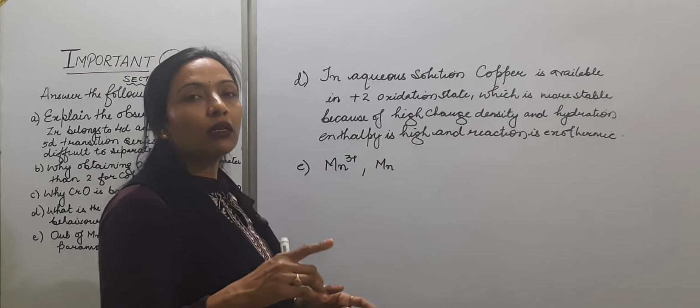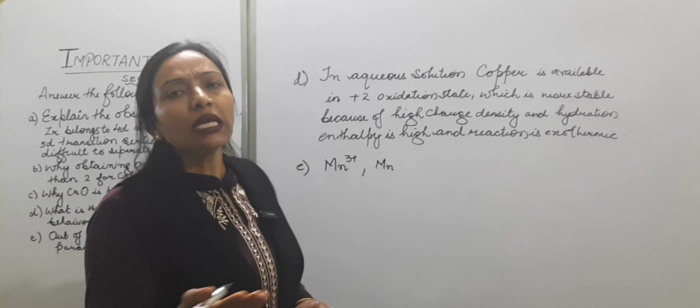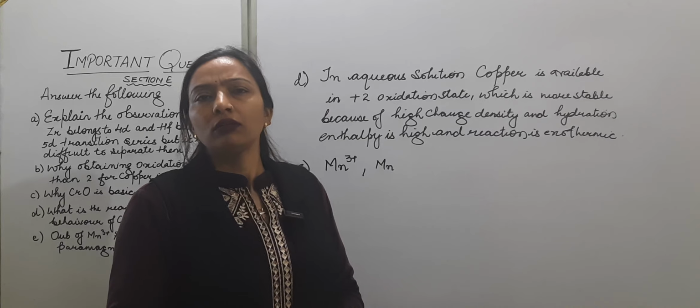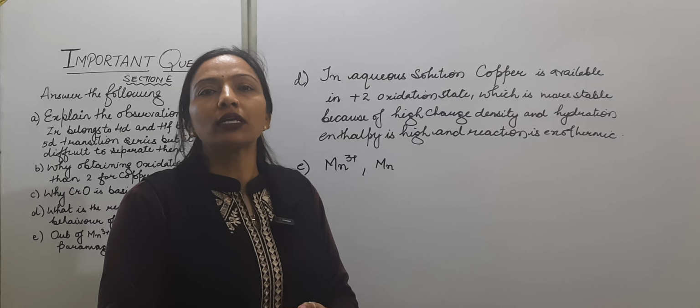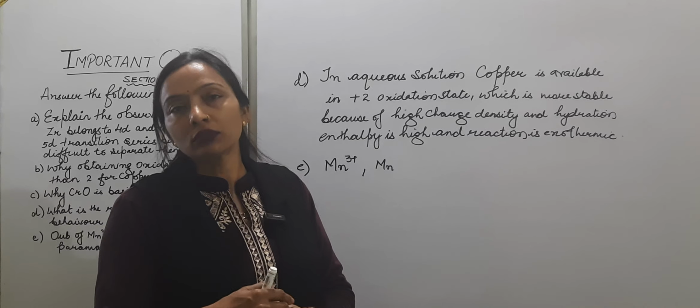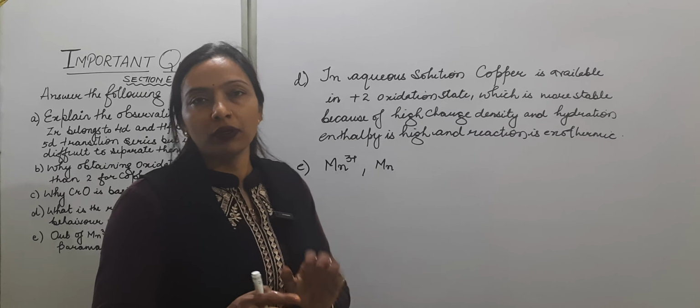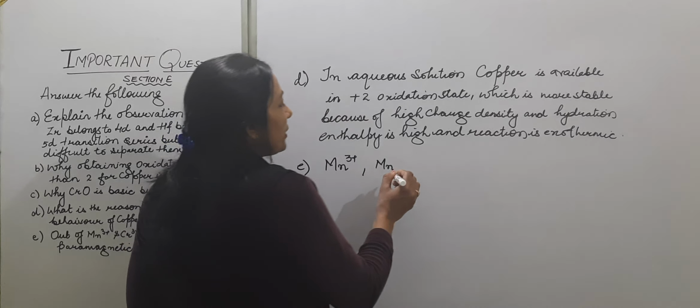What is the atomic number of manganese? That is 25. Sometimes it is given in the question कि manganese का atomic number 25 है. Otherwise at least 3d series के जो 10 elements हैं we should remember the atomic number, याद होना चाहिए. तो 25 है.